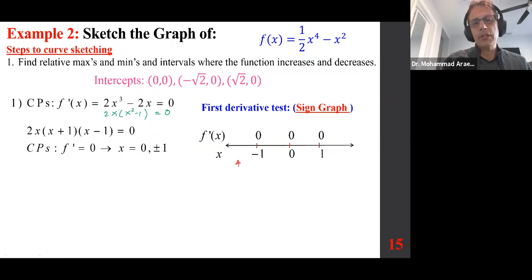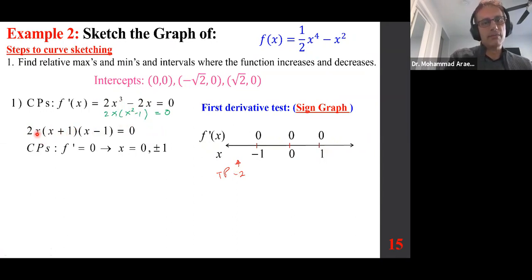If I pick a TP, short for test point, to the left of -1, let's say -2, we put the -2 into f prime of x, either this format or the factored format, makes no difference. The factored format may make it a tad easier.